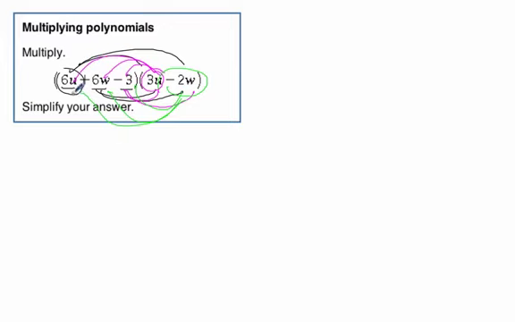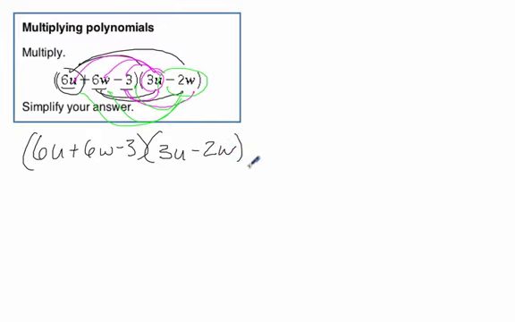Now if you look at ALEKS, it'll show you the first way, because it consistently takes the first one and breaks it up into little parts. But personally, I like doing it the second way because it's a little bit shorter. I'm going to take this 6u plus 6w minus 3 times the 3u minus 2w, and I'm going to recognize that I could rewrite it, because anything a times b is exactly the same as b times a.